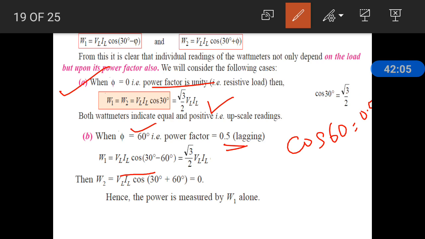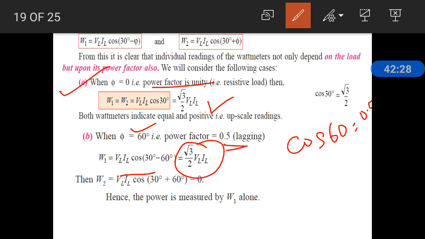So 30 minus 60 means minus 30. Cos minus 30 or plus 30 gives positive values only, that is root 3 by 2 VL IL. So when phi becomes 60 degrees, W1 reads a positive value, root 3 by 2 VL IL.